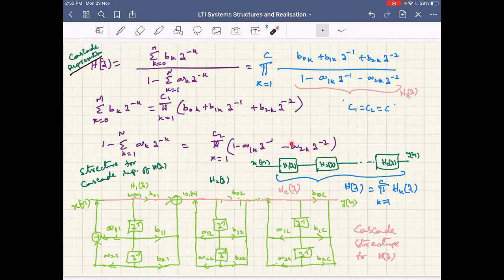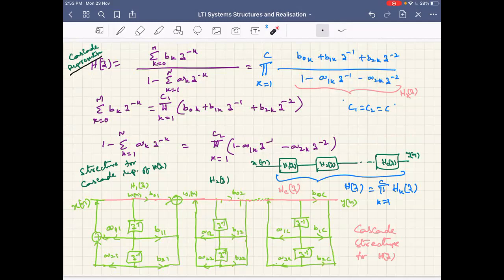Because this is a second order term, I can easily split this into two terms, right? Similarly, the locations of zeros are very well seen from here. So this cascaded structure easily visualizes the locations of zeros and poles, and hence this is the preferred structure for implementation.